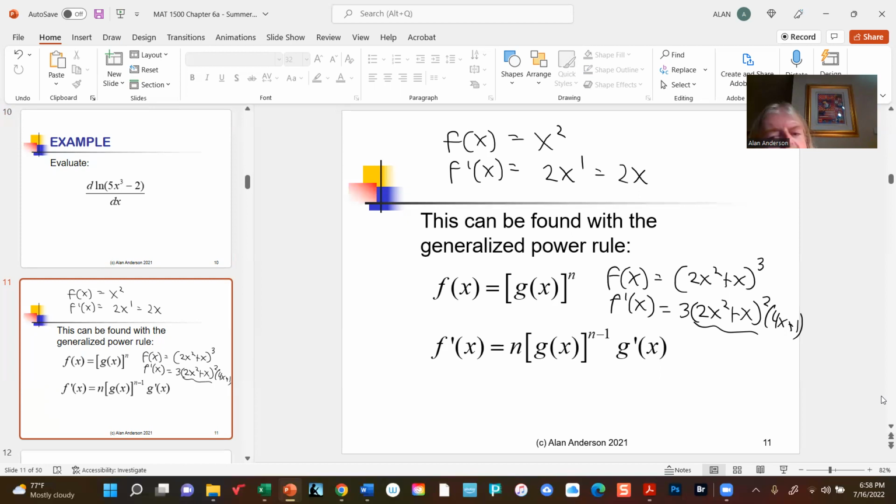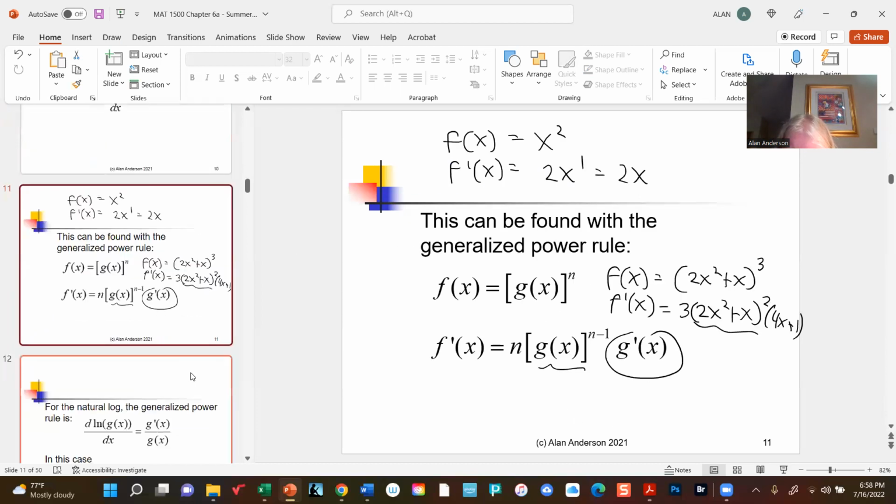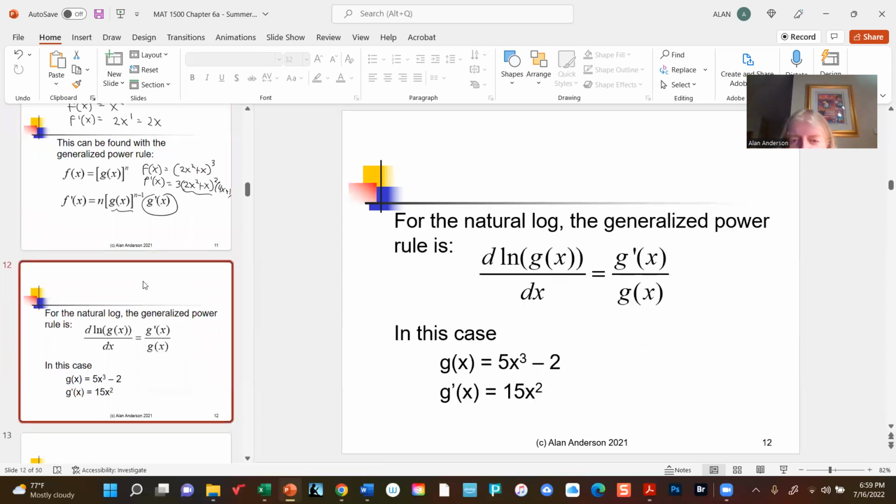Okay, so whenever you are taking some function of x and raising it to a power, then you'll need to do something like this. You'll need to make sure that you're including the derivative of what's going on inside the parentheses.